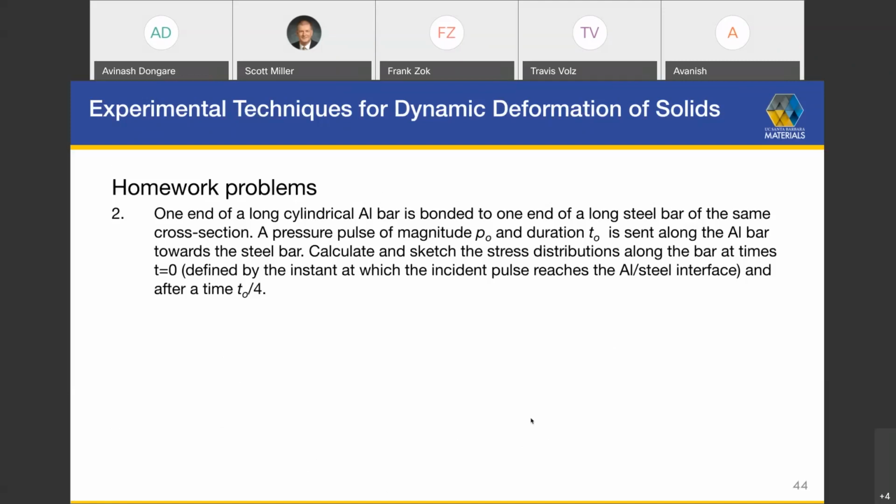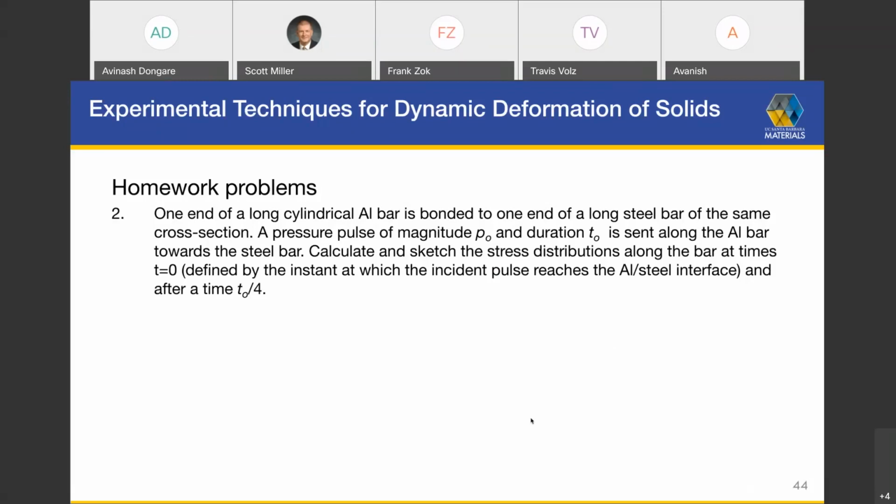And that pressure pulse moves down the aluminum bar towards the steel bar. Here you're asked to calculate and sketch the distributions in the stresses along the bar, both at the instant at which the incident pulse reaches the interface and a short time later, in this case, a quarter of the pulse duration time T naught.